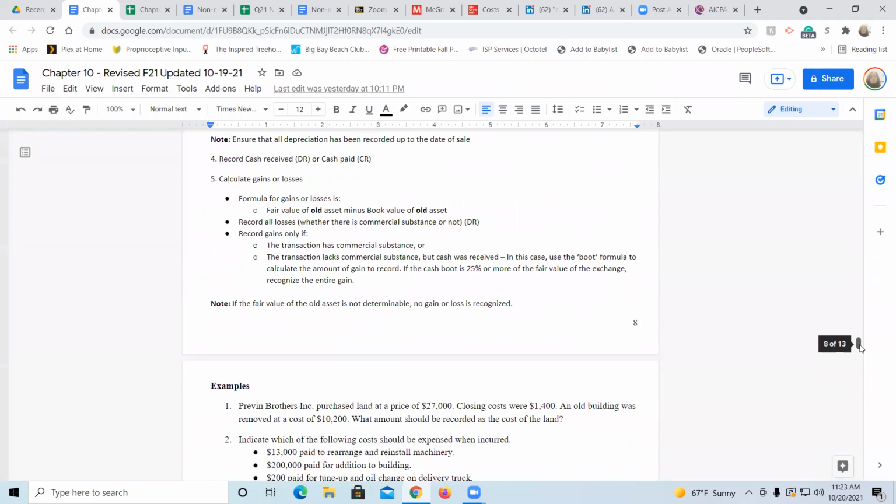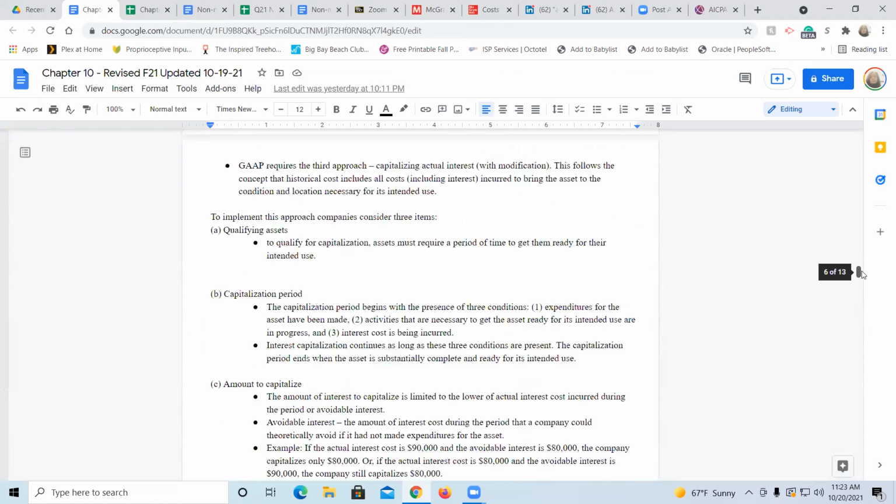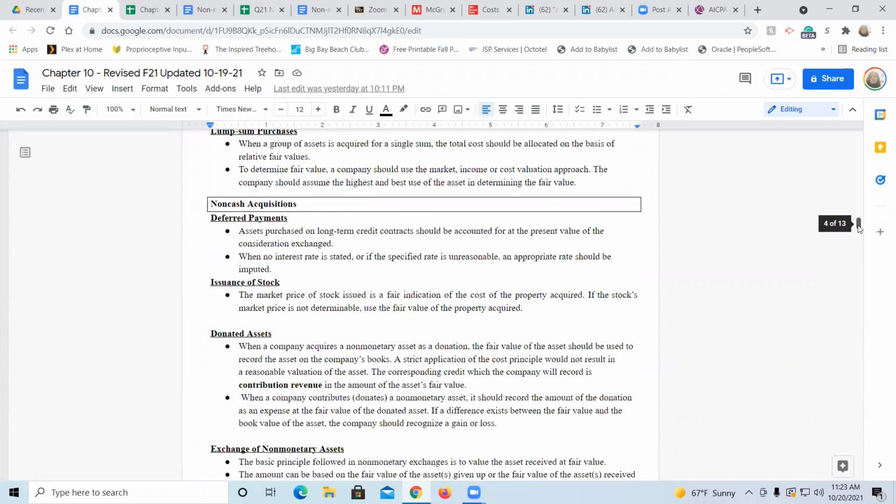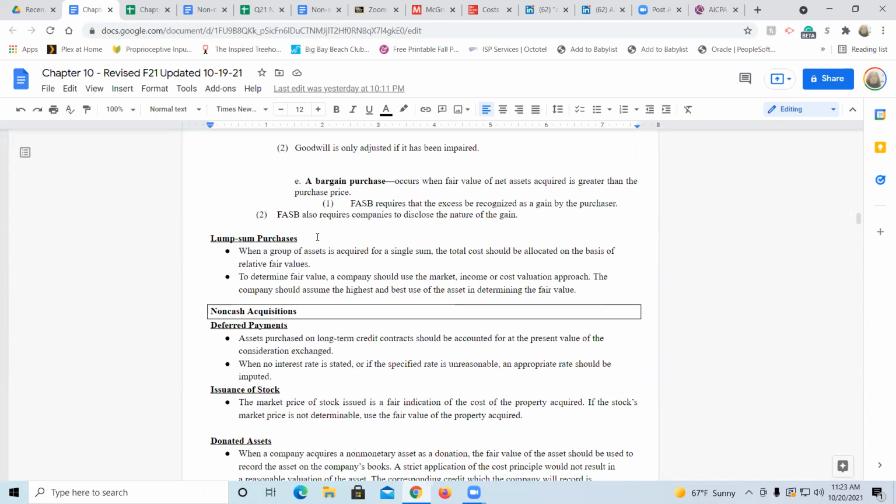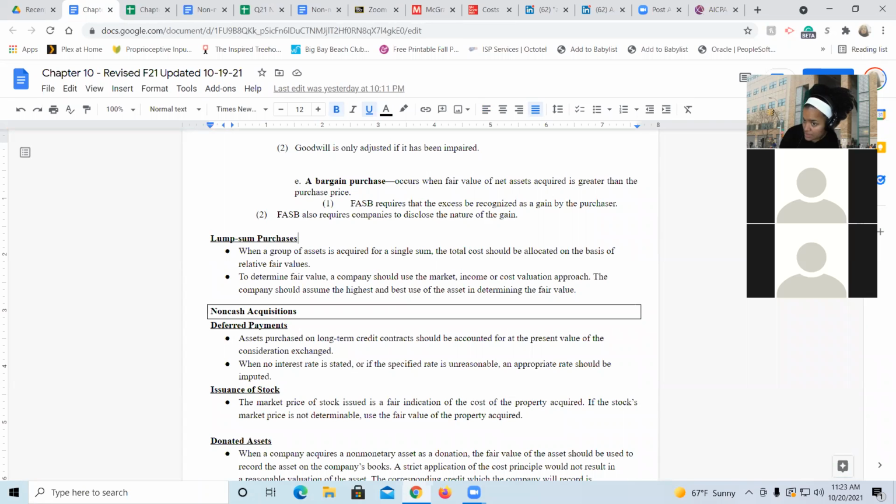And I'll move us on here to something called lump sum purchases. Lump sum means you're paying some big amount of money for a whole lot of stuff. And then you have to figure out afterwards what cost to assign to each of those items.